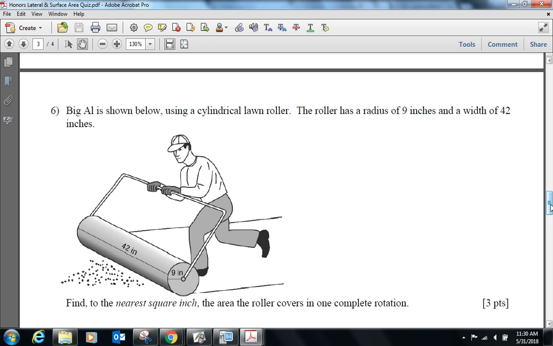Big Al, everybody. I like the cat. Like he's business down below. There he is, Big Al. Definitely wearing a striped sweater.